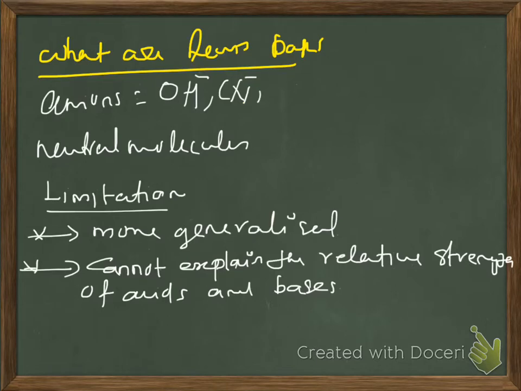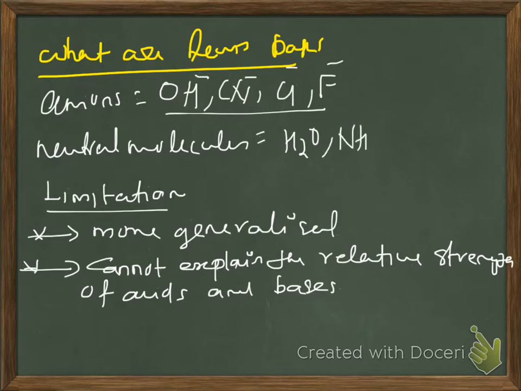Example: OH minus, CN minus, Cl minus, F minus. Generally all the negatively charged ligands can act as Lewis bases, and also neutral molecules having lone pairs like water, ammonia and derivatives of ammonia.